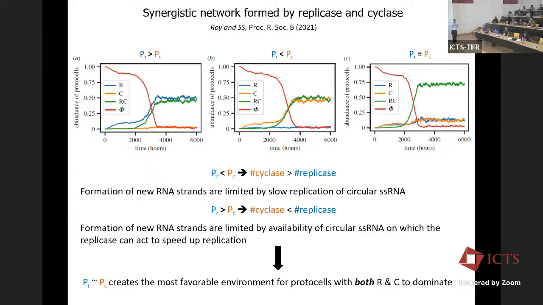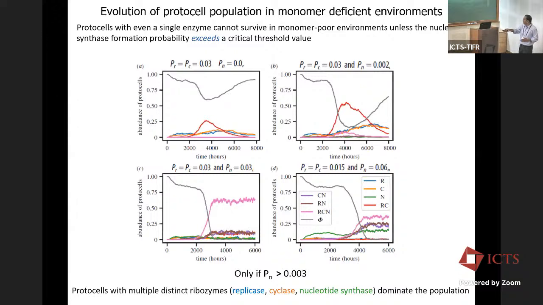So since selection is acting on just the number and not on the type, the ones which have both R and C present will automatically have the larger number of strands in them because there are more templates to act on for replicases, and that speeds up the replication process and produces larger number of strands.